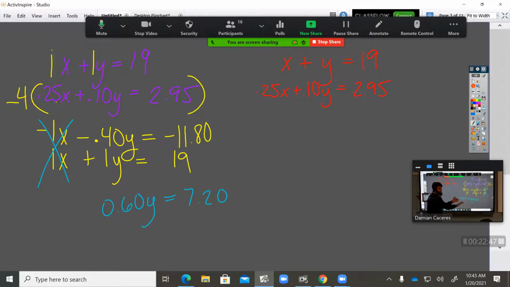Now all we got to do is divide both sides by the coefficient, which is 0.60. And that gives me a y value of 12.